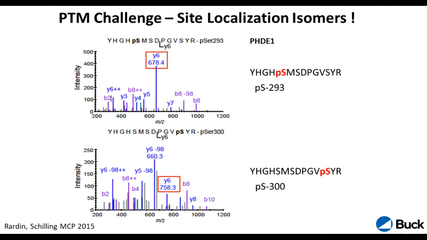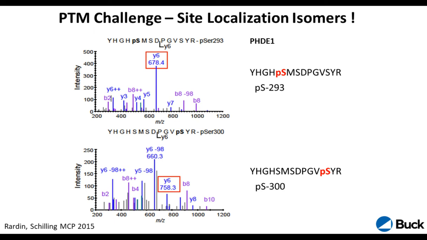And when you do data-independent acquisition, you'll get both spectra, and you can look for distinguishing ions, in this case the Y6 ion, and you can determine based on your mass spec data whether the localization was on one or the other serine residue.